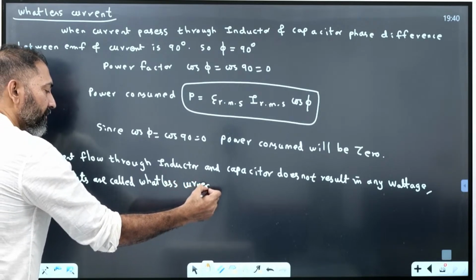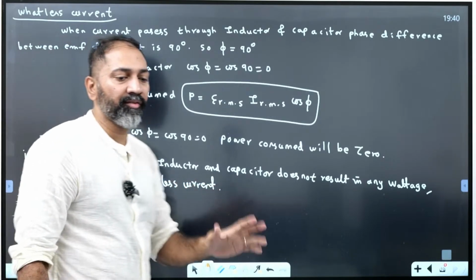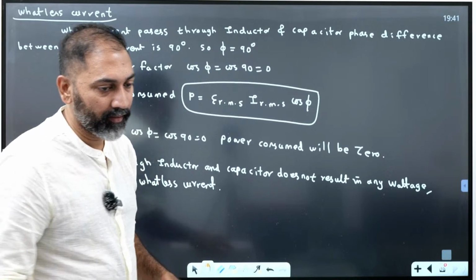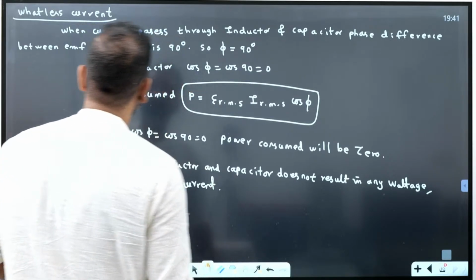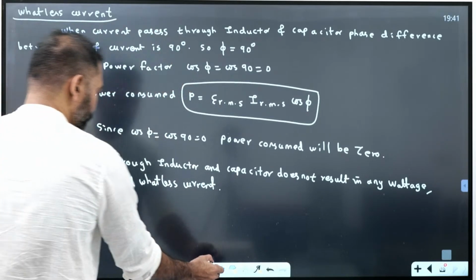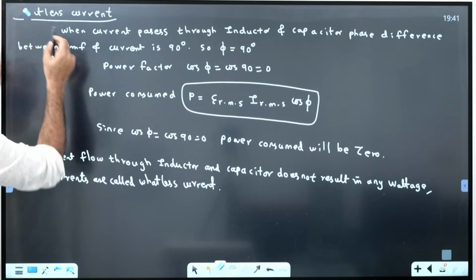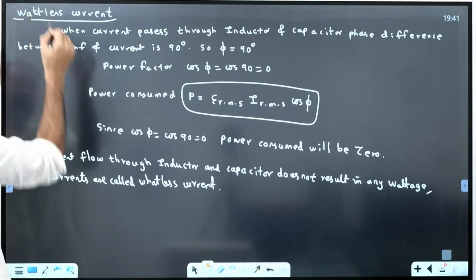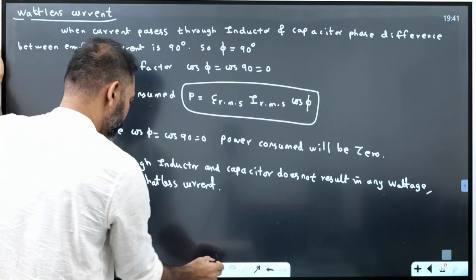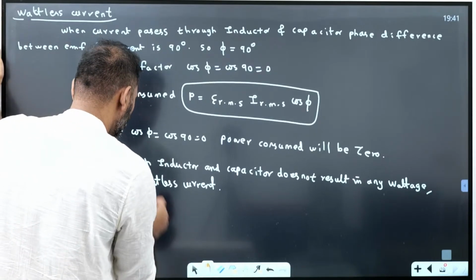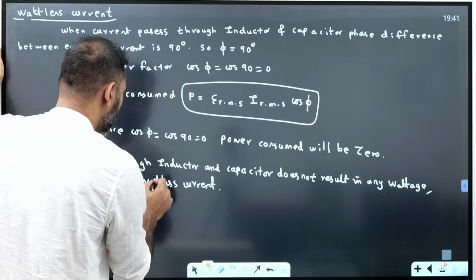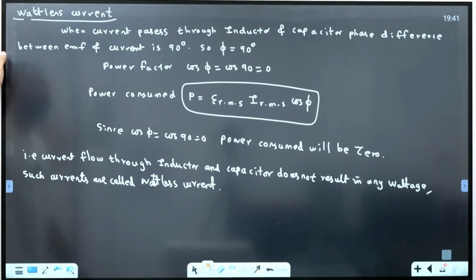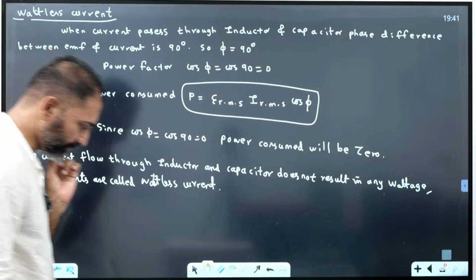So what is wattless current? When current passes through inductor and capacitor, I am writing HATT, sorry. It should be WATT. When current flows through inductor and capacitor, phase difference between EMF and current is what? 90 degree.